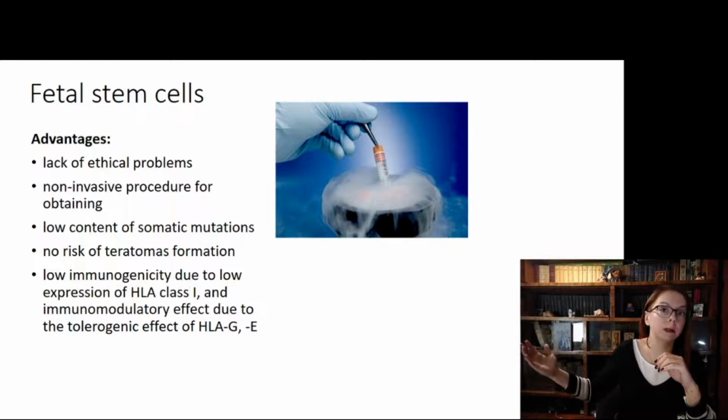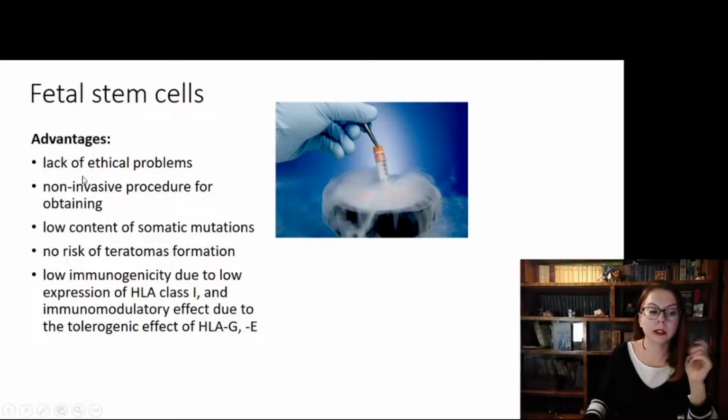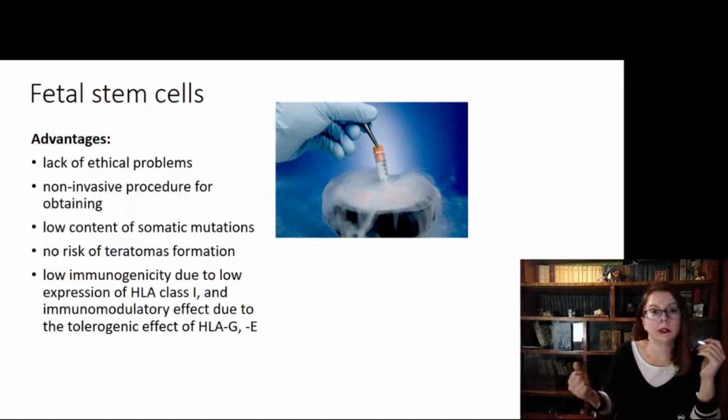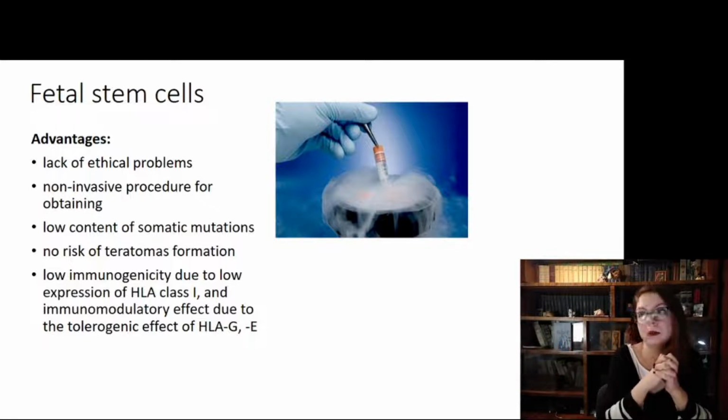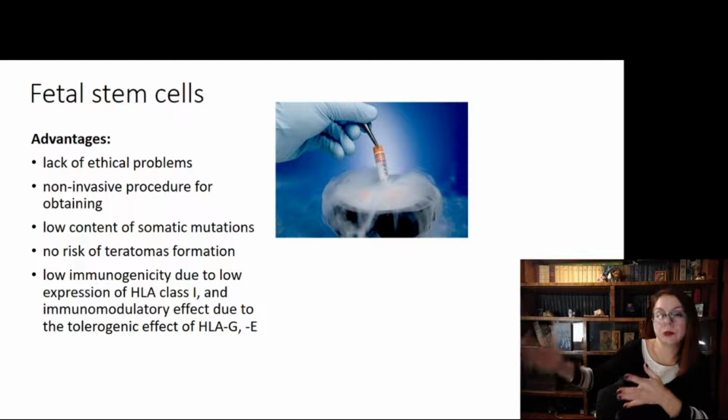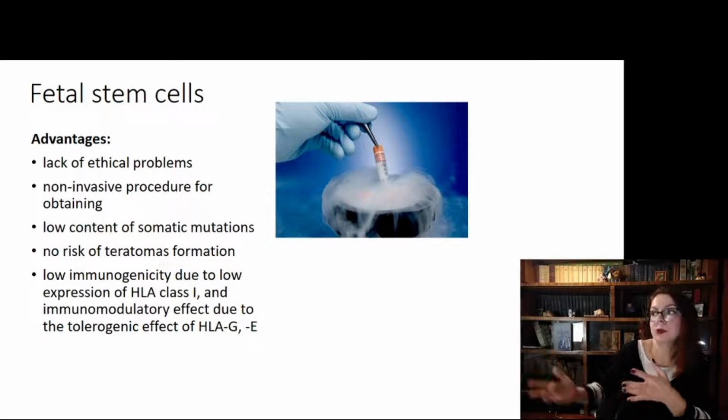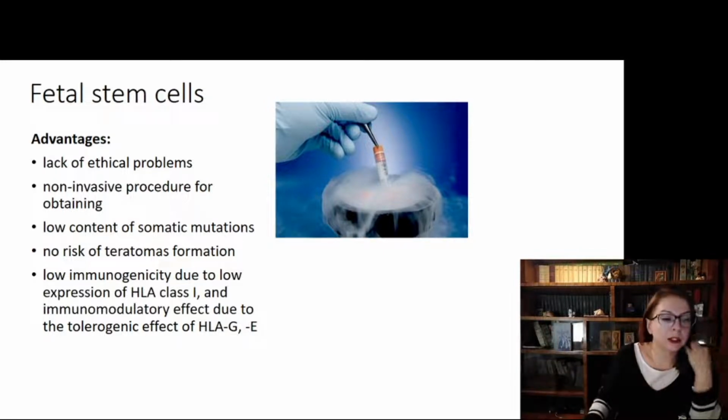First of all, compared to adult stem cells, fetal stem cells lack ethical issues, so they can be used without any ethical problems. For example, we don't need to invade the organism to obtain them, because placenta and umbilical cord are discharged and are not needed by the fetus or the newborn child, so there is no ethical aspect in collecting them.